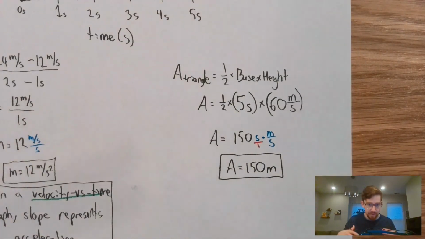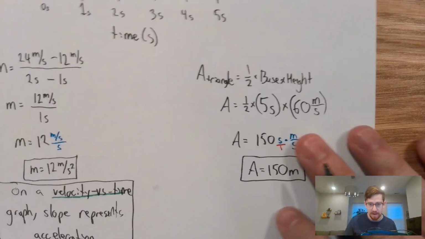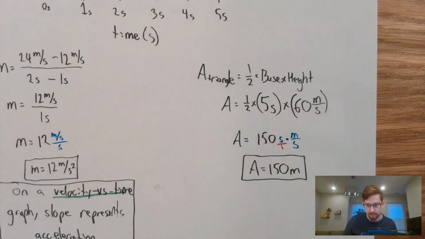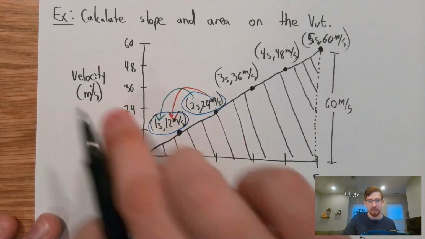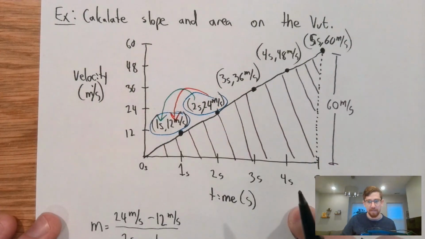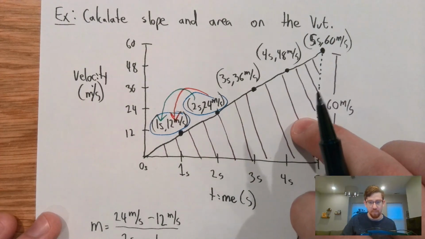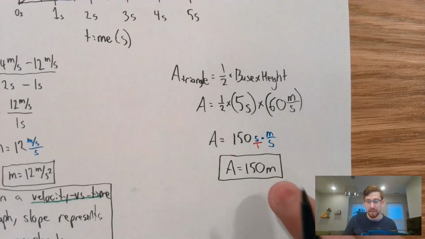So this is our third fact to memorize. What type of graph is this? It's a velocity versus time graph. And we calculated area, which yielded meters of displacement.